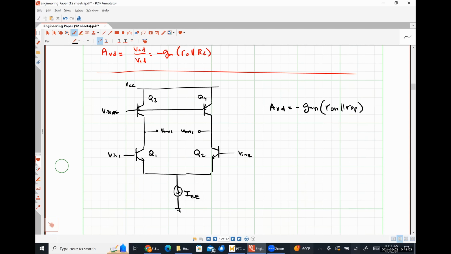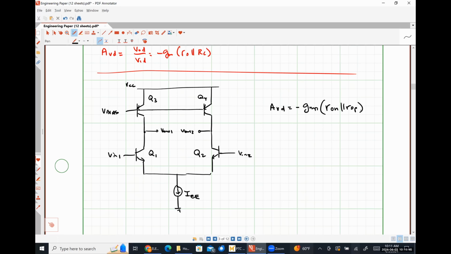So the overall point of a differential amplifier is to suppress noise, okay? As long as we are applying noise to both of the inputs, it gets canceled out because that is a common mode signal. It's only the differential mode signals that are getting amplified here.